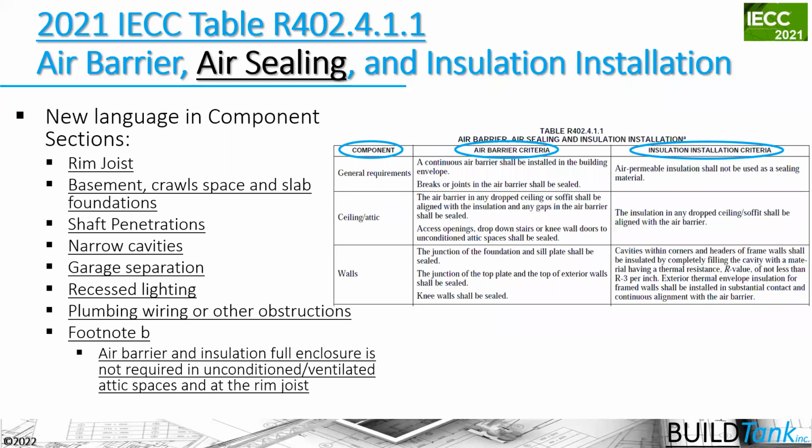It's basically saying where you don't have continuity of your air barrier system, add a supplemental air barrier in these general component areas throughout the house, going from the rim joists to the walls to the garage separation and so forth and so on. But where other components aren't specifically called out, if you see an issue like a hole in your air barrier, you still have to get that fixed in those locations as well here.